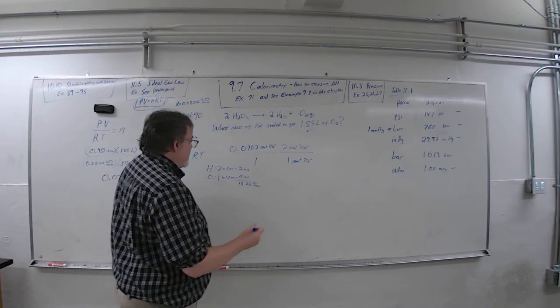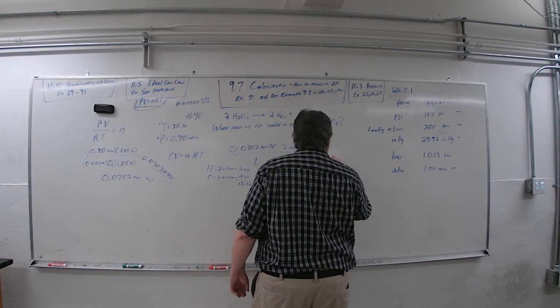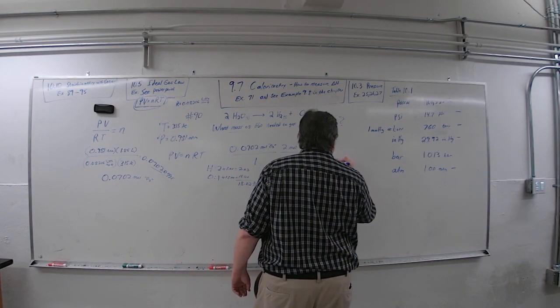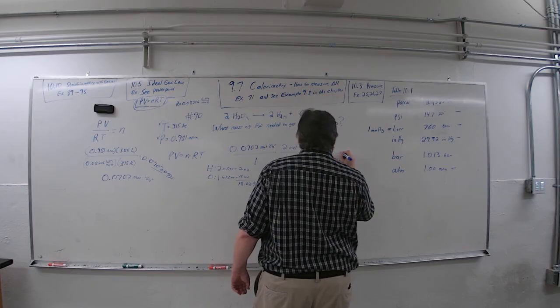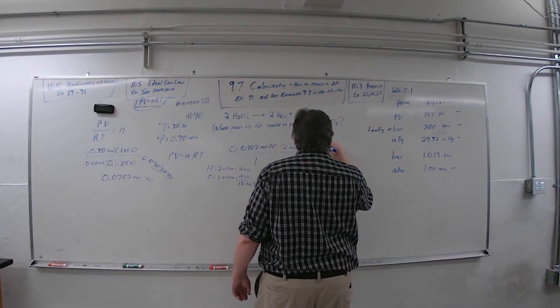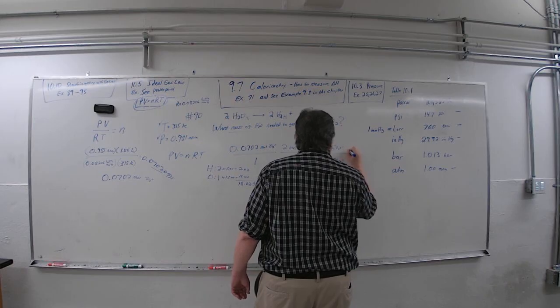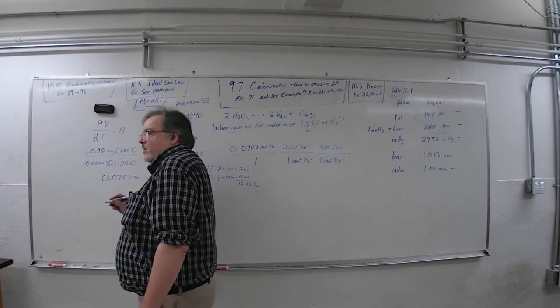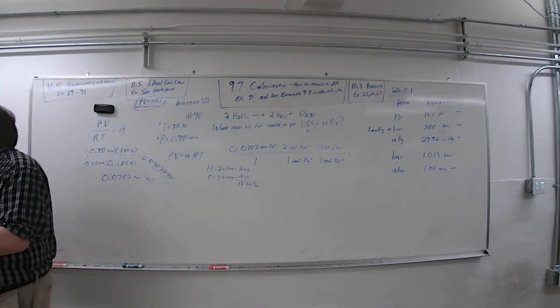I want moles on the bottom. 1 mole of H2O is 18.02 grams of H2O. That'll tell us what mass of water we get.